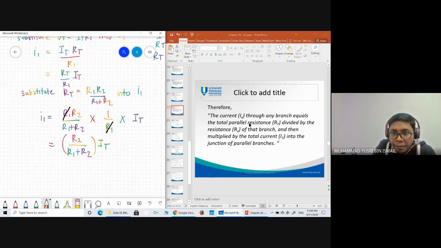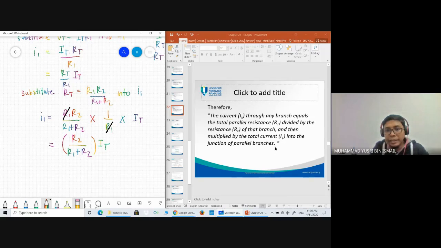The total parallel resistance R total, I already calculated here. Basically I simplified, so that's why you only have this value, divided by the resistance of Rx. I already explained it is a simplification.